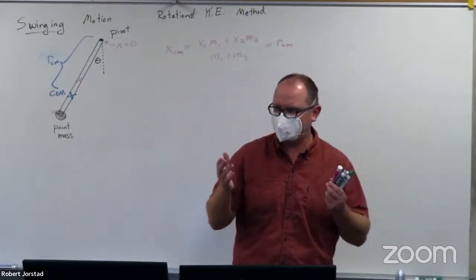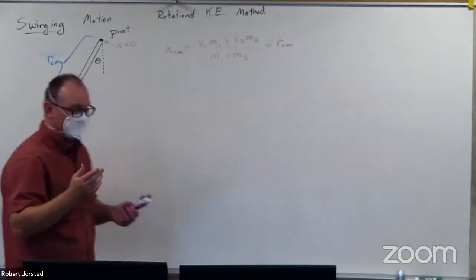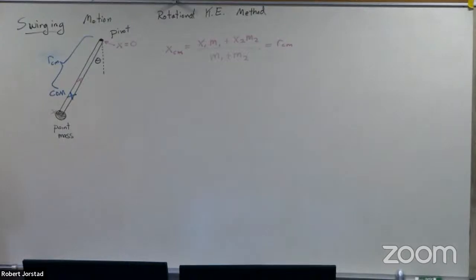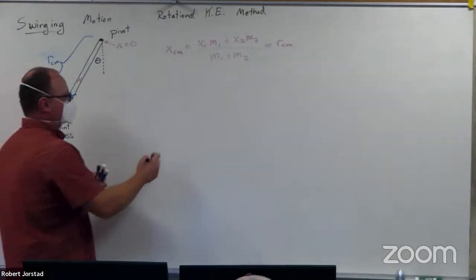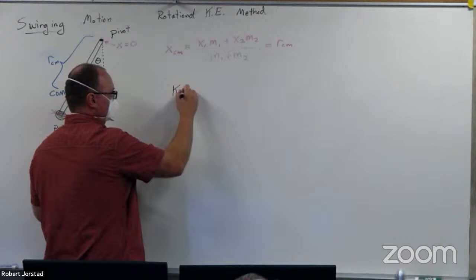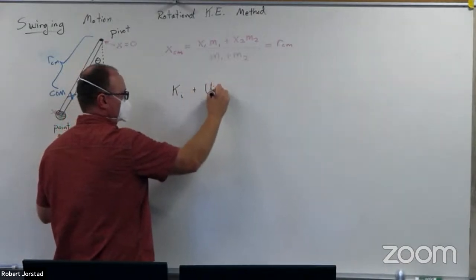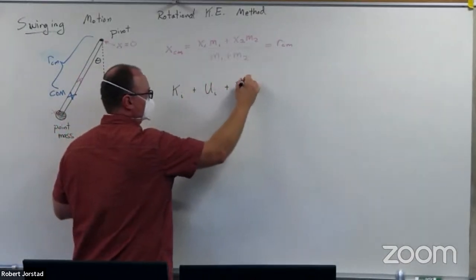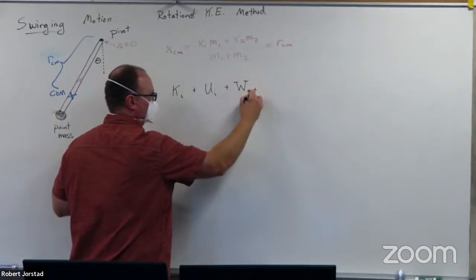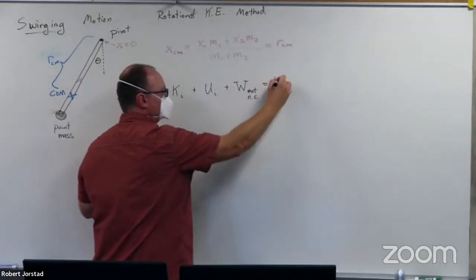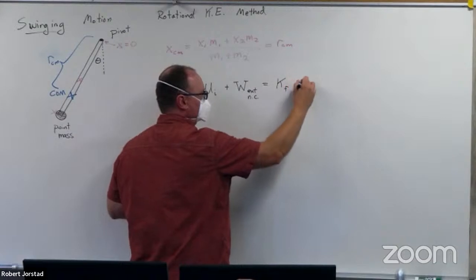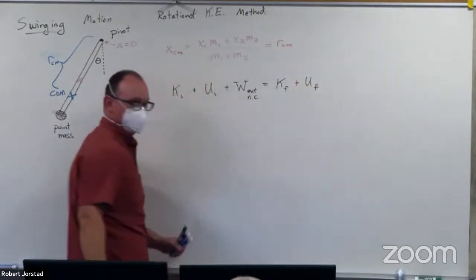Why is that important? The energy method, when we're usually doing this, we talk about kinetic energy initial plus potential energy initial plus work external and non-conservative is equal to kinetic energy final plus potential energy final.